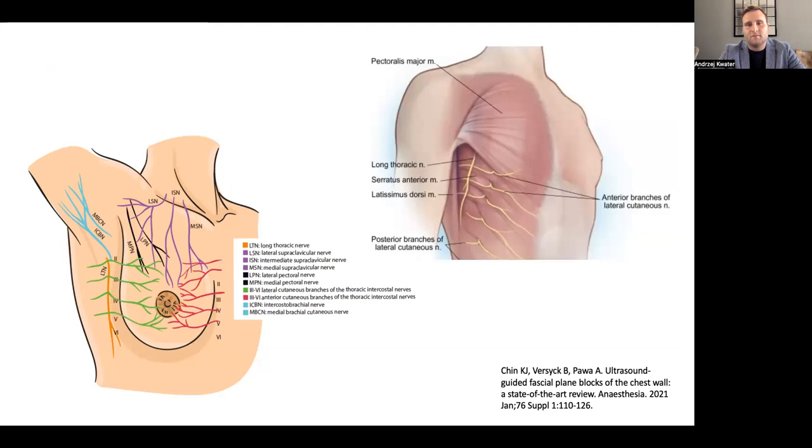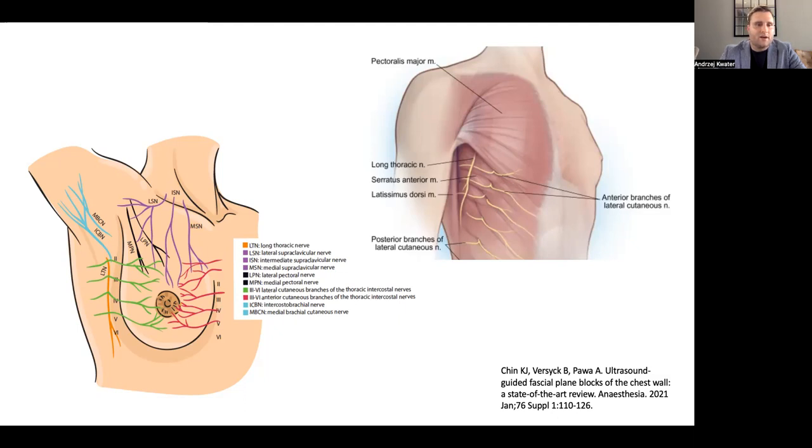You can see on the top right-hand corner, you're going to anesthetize the lateral cutaneous branches of the intercostal nerves. You will also get spread and block the long thoracic nerve, which I'll discuss whether that's a good thing or not in certain cases.